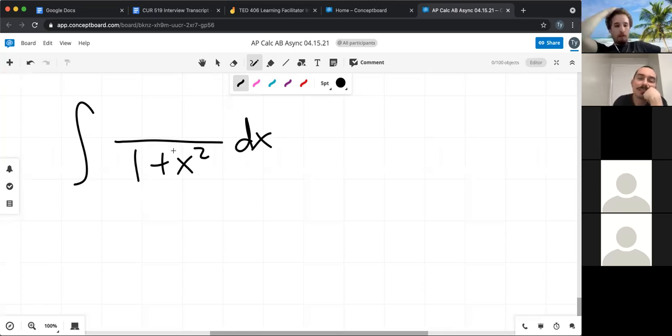Well, if you want to use U-substitution, you could do something like 1 plus 4x squared. Okay. Yeah, that's a good idea. Thank you. Let's just go with that.